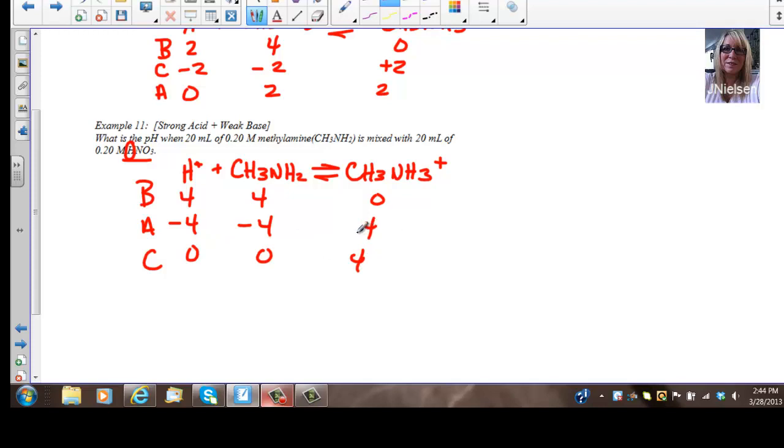Again, we cannot use Henderson-Hasselbalch because we only have one substance. So we have to do an ICE table.